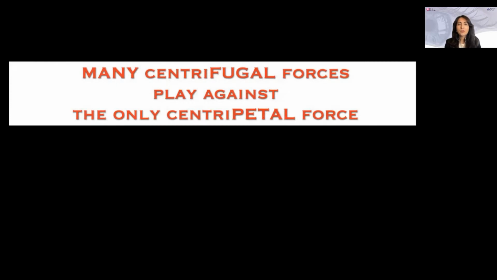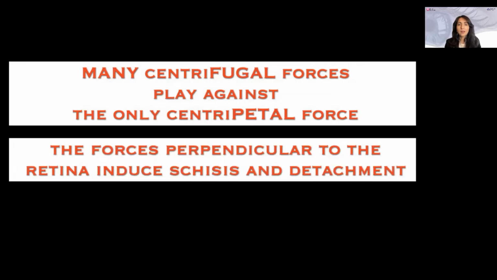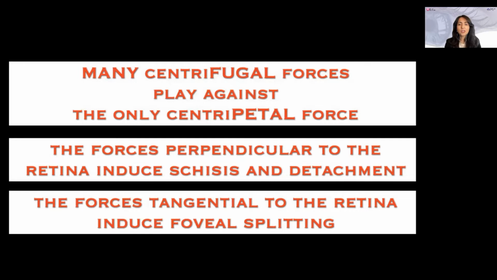Many centrifugal forces play against the only centripetal force. The forces centrifugal but perpendicular to the retina induce schisis and detachment, and the forces tangential to the retina induce foveal splitting.